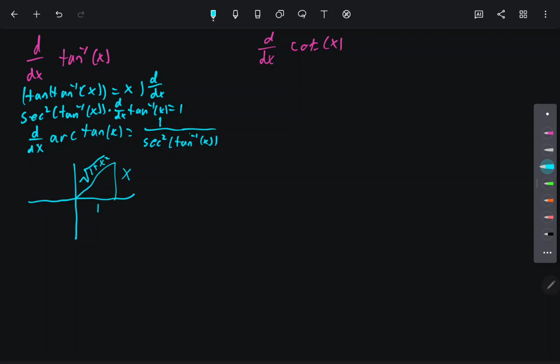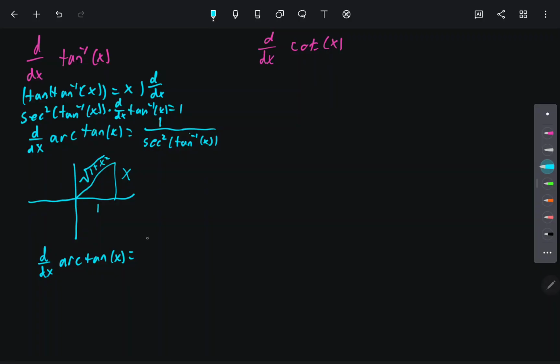Well, we're taking the secant of that. So we're taking secant, so the derivative with respect to x of arctangent of x. Well, secant is the hypotenuse over the adjacent.